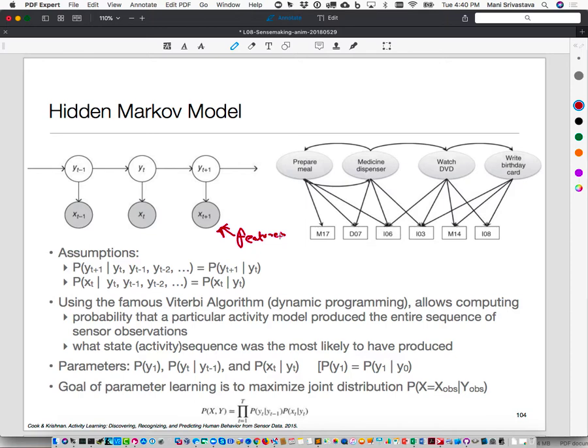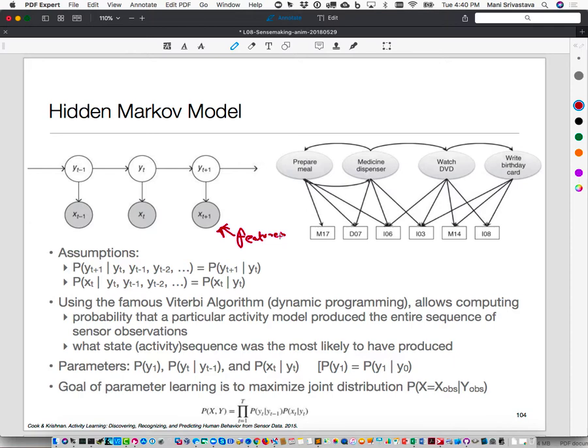For example, y of t may take a bunch of possible values: prepare meal, medical dispenser, watch DVD, and write birthday card. So there are these 4 different underlying activities. And I have a bunch of sensors.